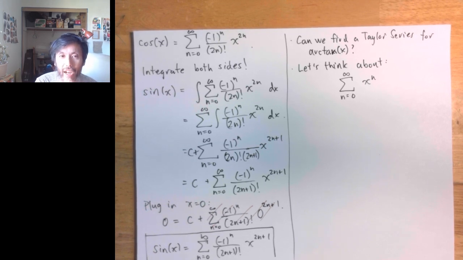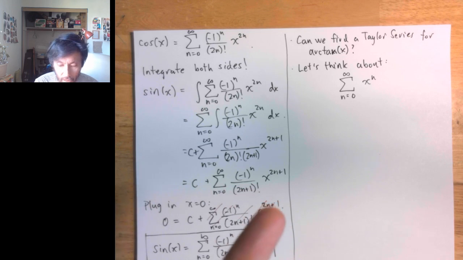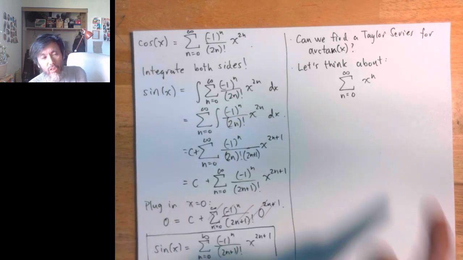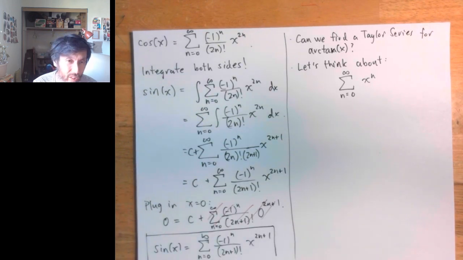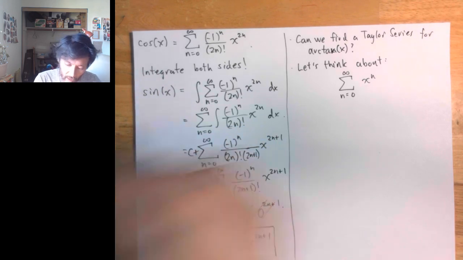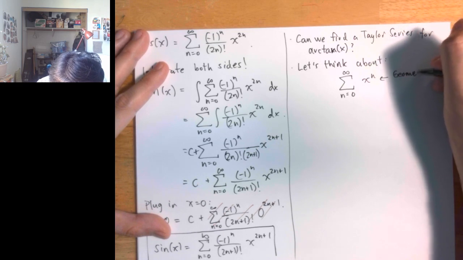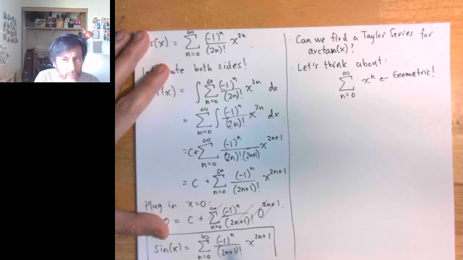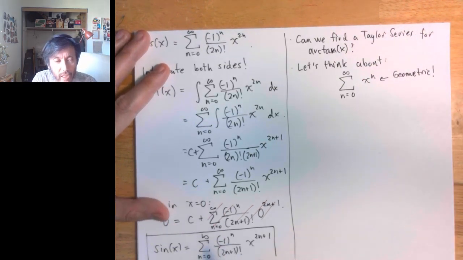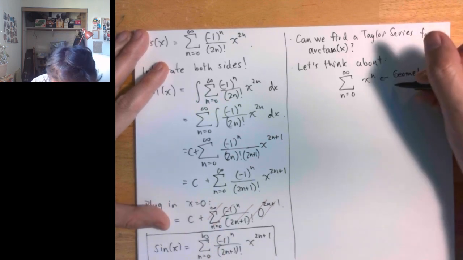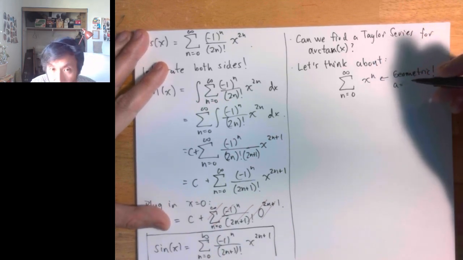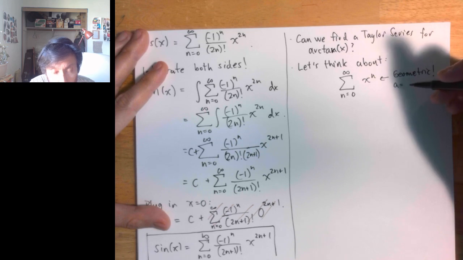Or I can realize that this series here is a geometric series. Do you all see that? This is geometric. I don't know if I've ever said this out loud. It's geometric for this guy. And it's geometric with a equal to, what is the first term, right? a is always the first term of a geometric series.